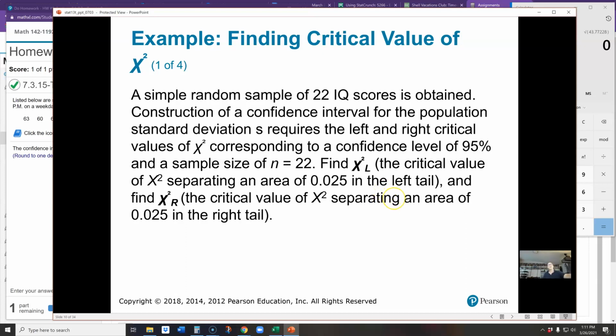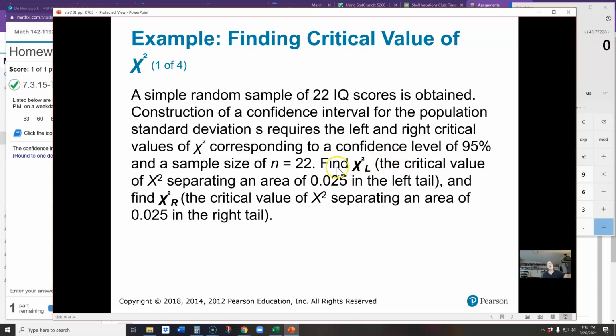So it says a simple random sample of 22 IQ scores is obtained. Construction of a confidence interval for the population standard deviation S requires the left and right critical values of chi-squared corresponding to a confidence level of 95% and a sample size of 22. So they're introducing these symbols, which may show up in homework problems.